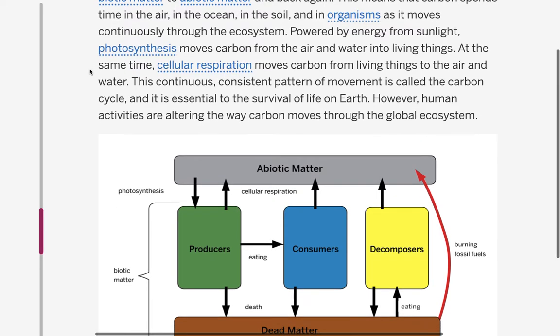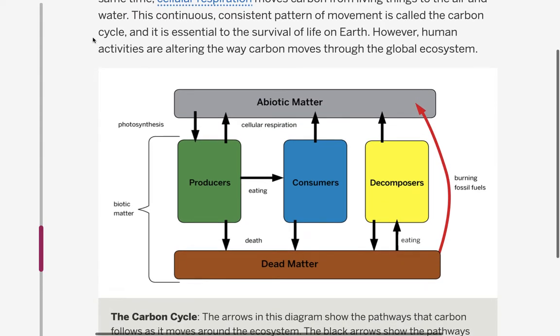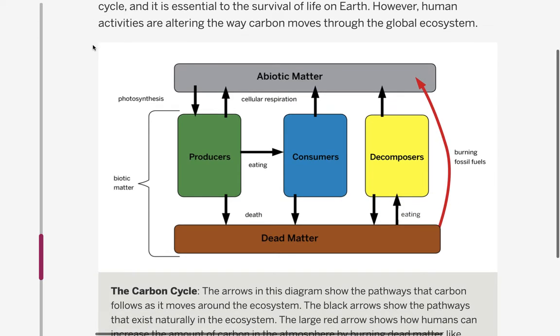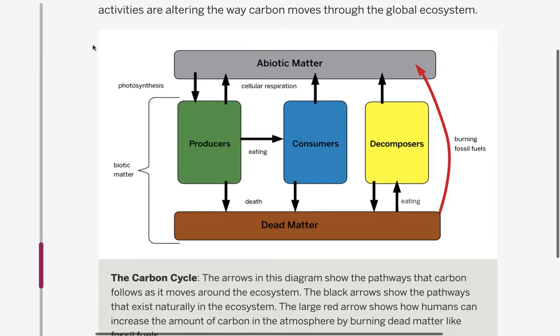Powered by energy from sunlight, photosynthesis moves carbon from the air and water into living things. At the same time, cellular respiration moves carbon from living things to the air and water. This continuous, consistent pattern of movement is called the carbon cycle, and it is essential to the survival of life on Earth. However, human activities are altering the way that carbon moves through the global ecosystem.